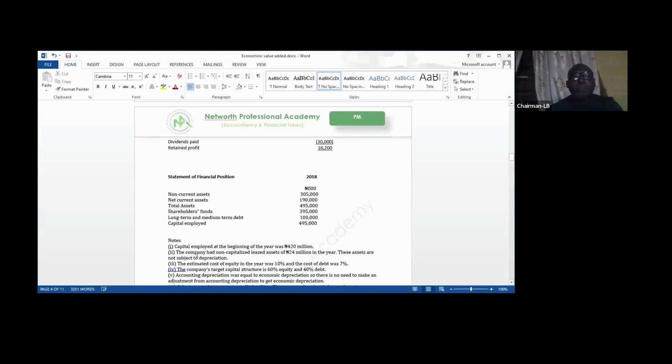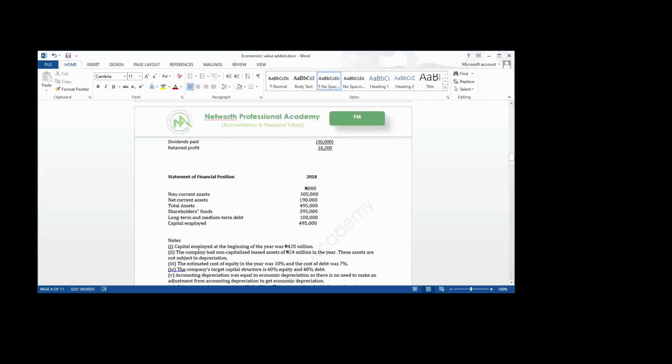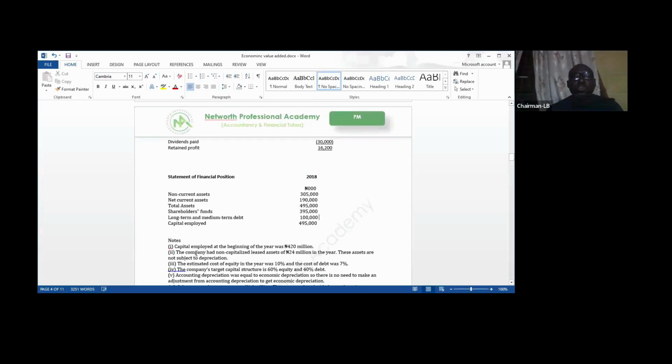Note number 1, capital employed will not affect net operating profit after tax. Note number 2, capitalized and non-capitalized lease will not affect it. Note number 3, cost of equity and cost of debt will not affect our NOPAT.